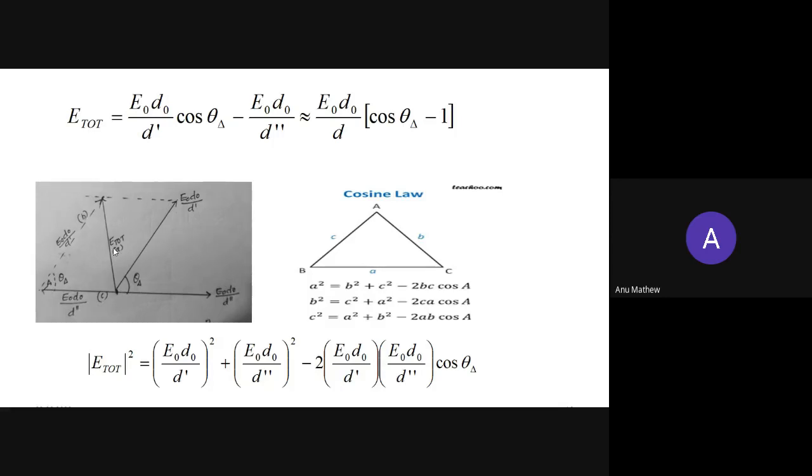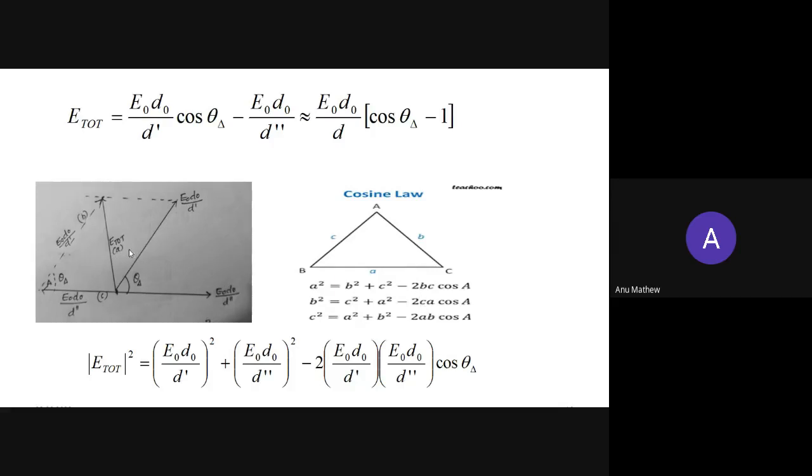This we can get from the trigonometric cosine law. In cosine law, A square equals B square plus C square minus 2BC cos A. We are using this cosine law here.